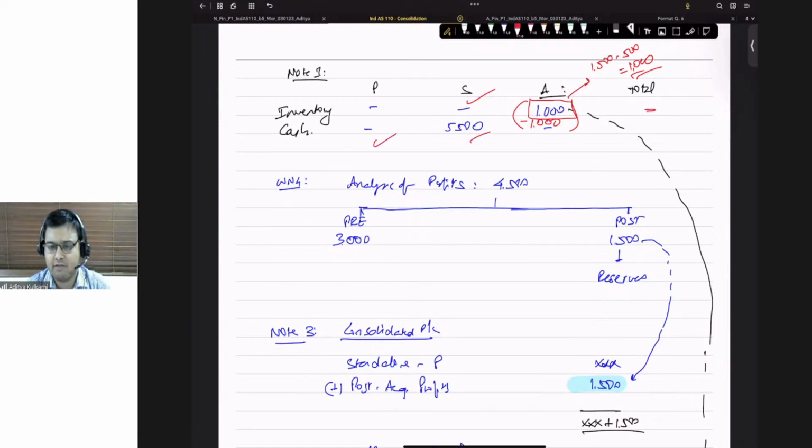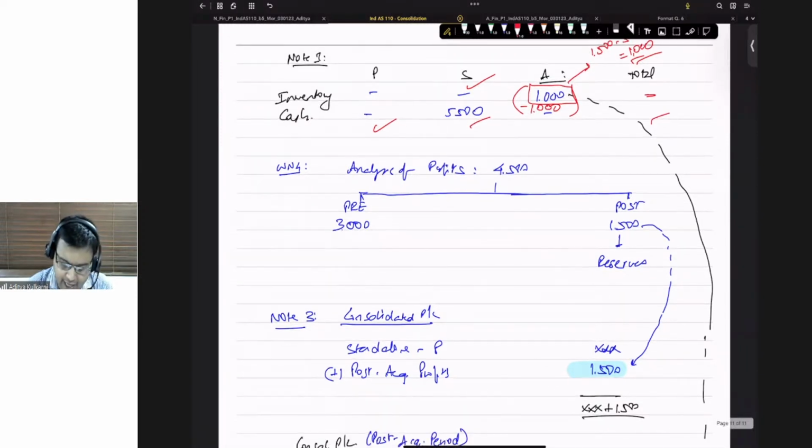Cash 5,500. So in the case of cash, nobody has any problem. So if I analyze the profits 4.5 as 3 and 1.5 and take 1,500 into post P&L, the answer is wrong. The answer is wrong because my post profits are not 1,500.